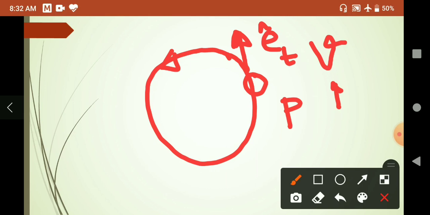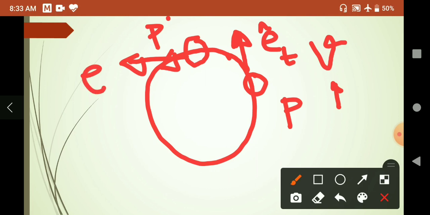So when the particle moves or has traveled a small distance, let's say the particle has reached this particular point, let the point be P prime. In that case the tangential direction, or the direction of the ET unit vector, will be tangential to the curve at point P prime.